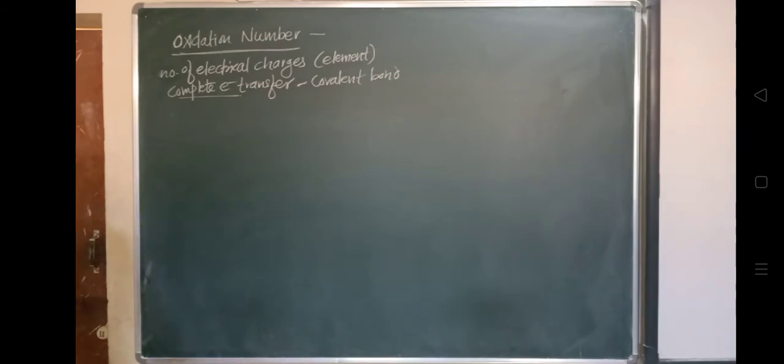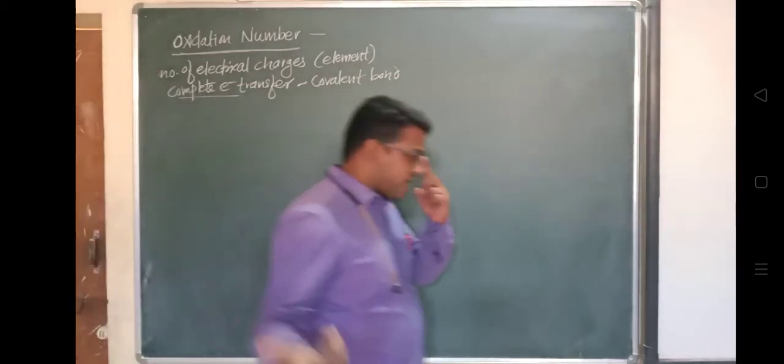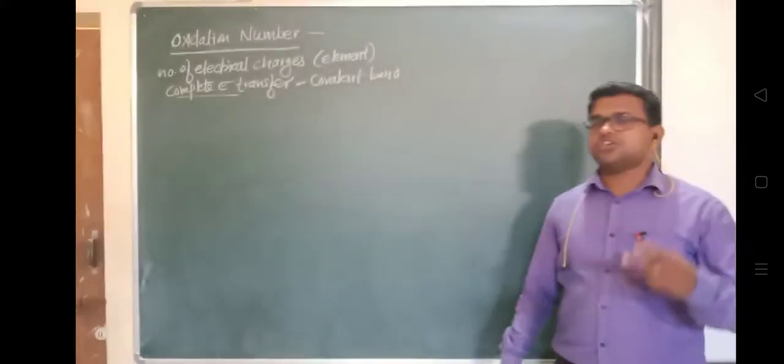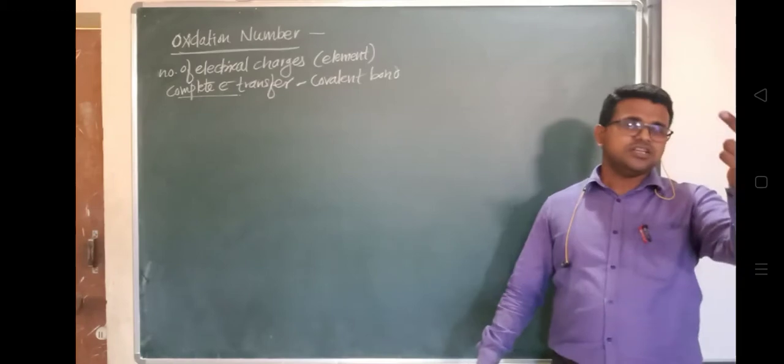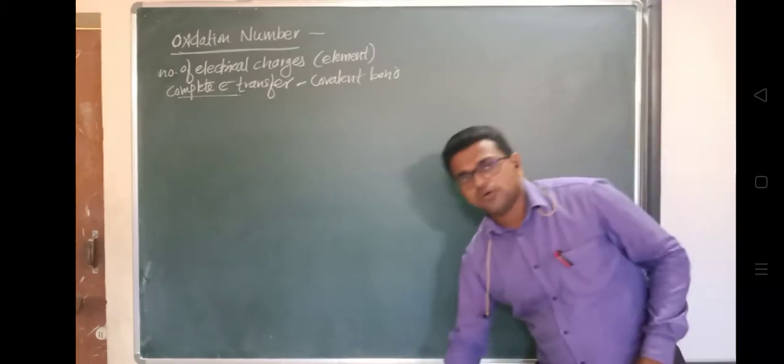So what are the different rules that have been formulated to determine the oxidation number of an element in a compound? There are different types of compounds present. So how do we find the oxidation number in those compounds? There are roughly 7 to 8 rules.